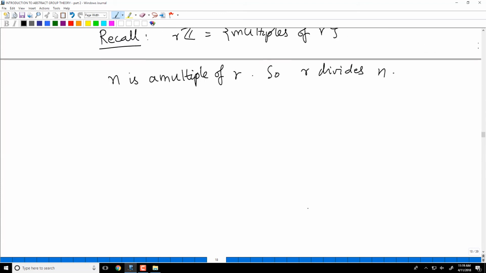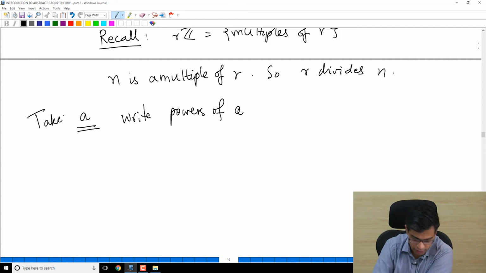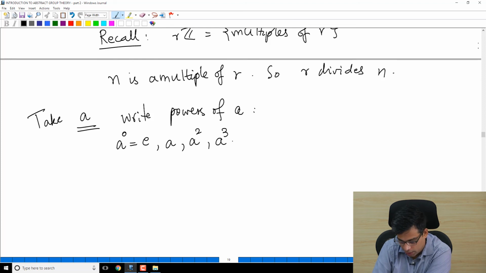must divide n. Basically what happens is that if you take A and write powers of A, you have A power 0, which is identity, then A squared, A cubed. There are two possibilities.